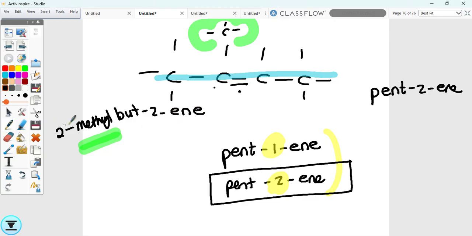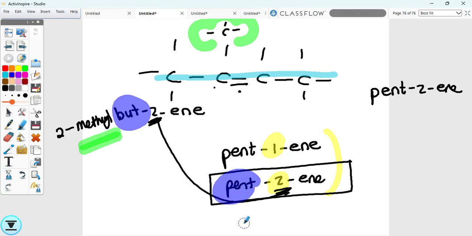Perfect. So now if you are looking at the position, it didn't actually change. The double bond was on 2, so we know it's not a positional isomer because the double bond was on 2, it's still on 2. But for the chain isomer, you need to look at the base name. Here it was methylbut-2-ene, so the base was but, and here it was pent.